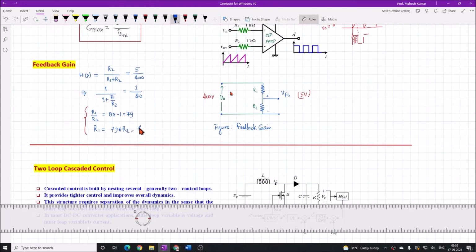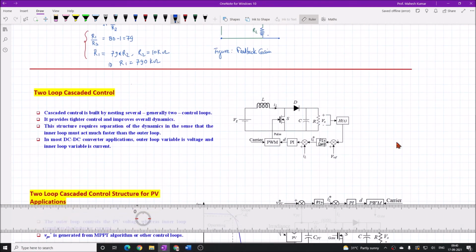If we take R2 as 10 kilo ohm, this implies that R1 equals 79 times R2, that is 790 kilo ohms. This way the feedback system can also be designed. So now we have all the blocks. I hope it is very clear to you how the design takes place for any converter in general.